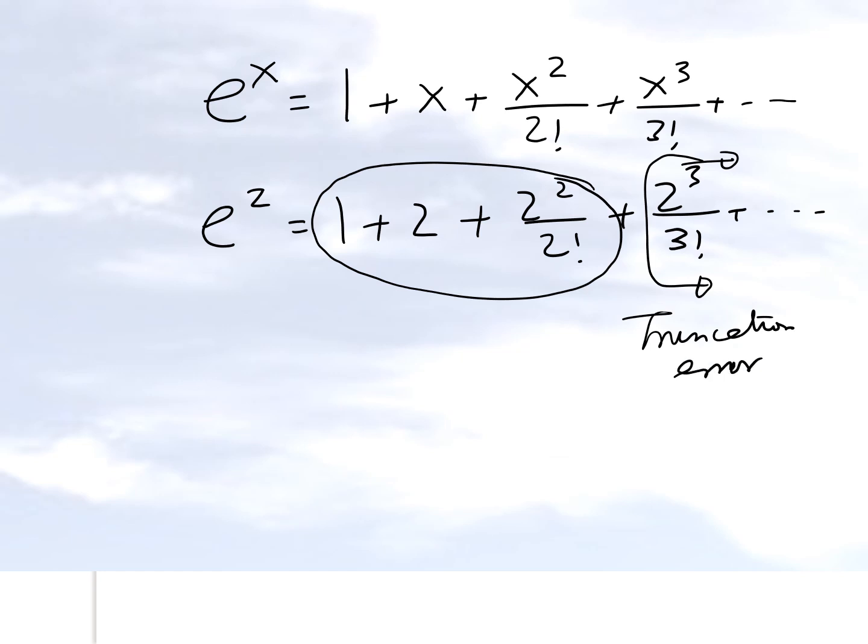And the reason why it's called a truncation error is because I'm approximating the series by only the first three terms of this series. And whatever is left over is called a truncation error. I'm approximating a mathematical procedure or mathematical process in this case.